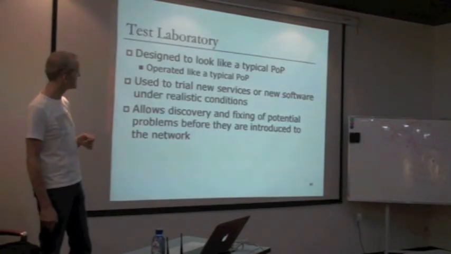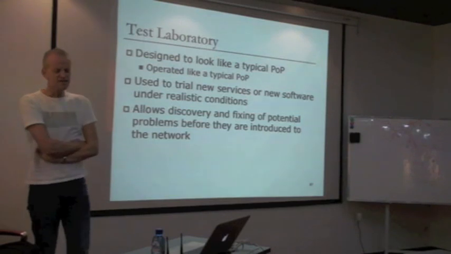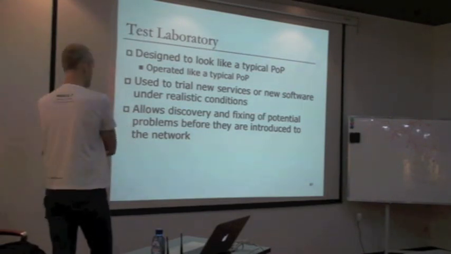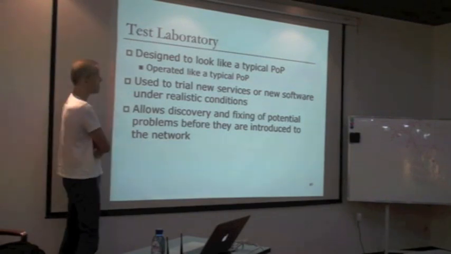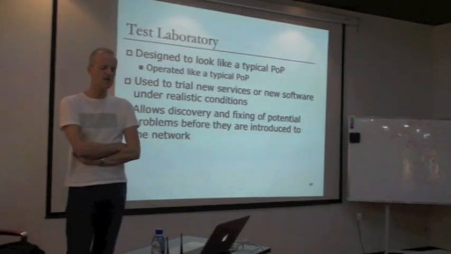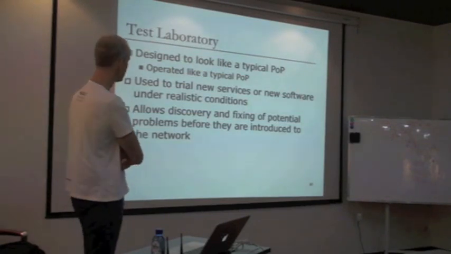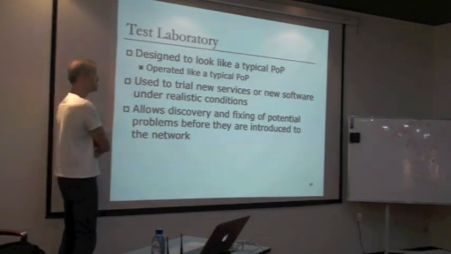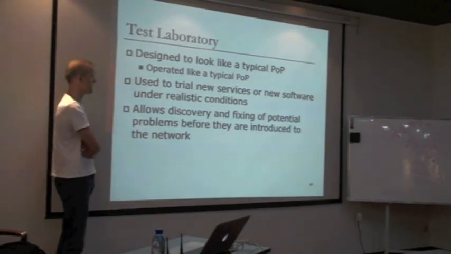Final piece, the test lab. It's very important to test things. It's not a good idea to try out services on the live network. So you want to build something that looks like a point of presence, keep some routers to the side so you can try out new services or new configurations.